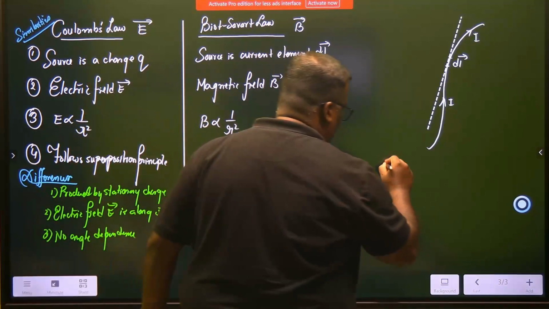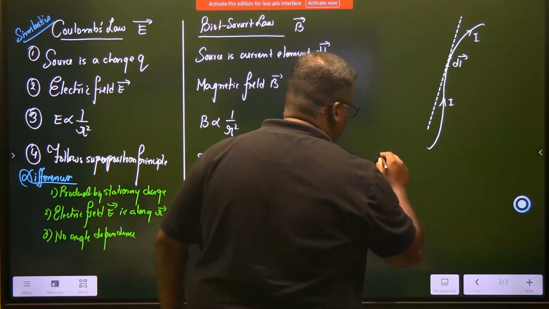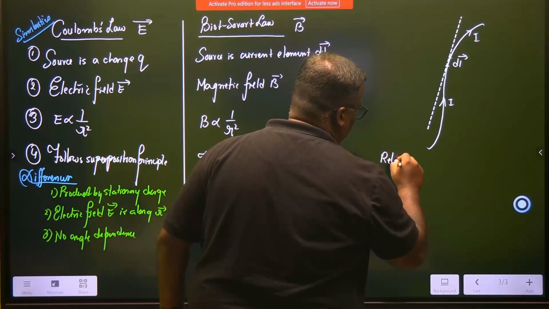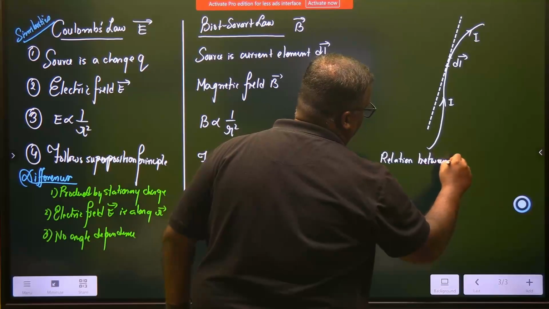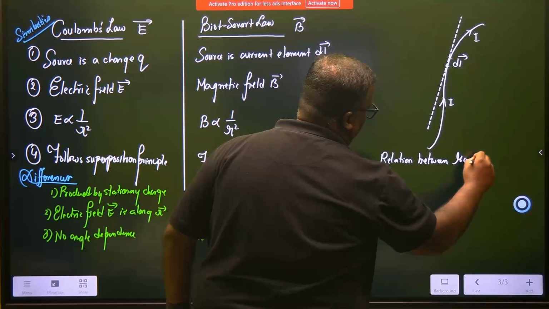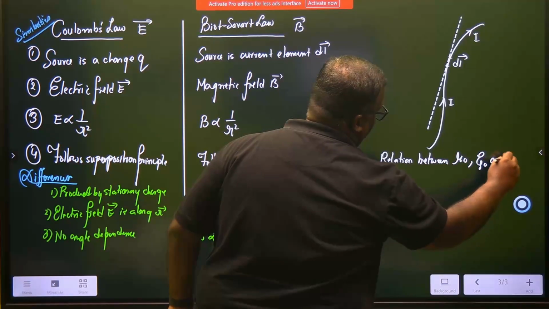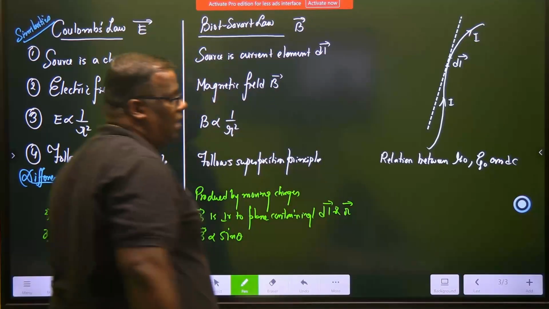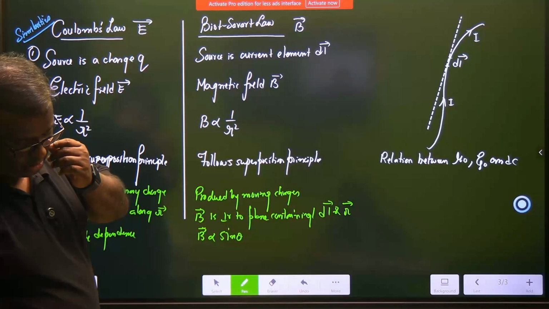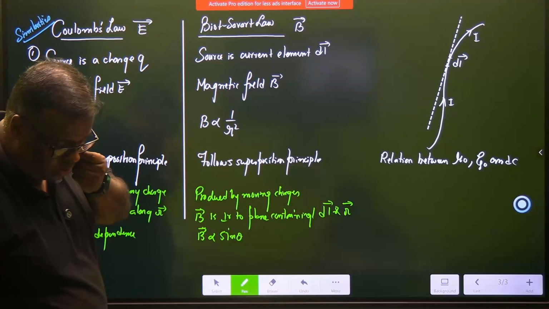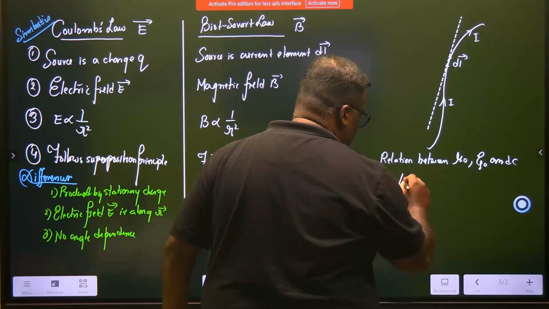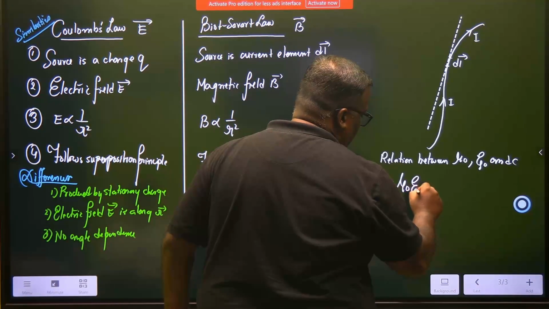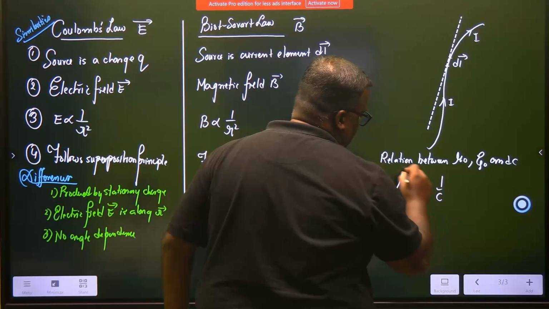Now, one more topic we will add, a relation between mu naught, epsilon naught, and c. c is the speed of light. The relation is mu naught into epsilon naught is equal to 1 upon c squared.